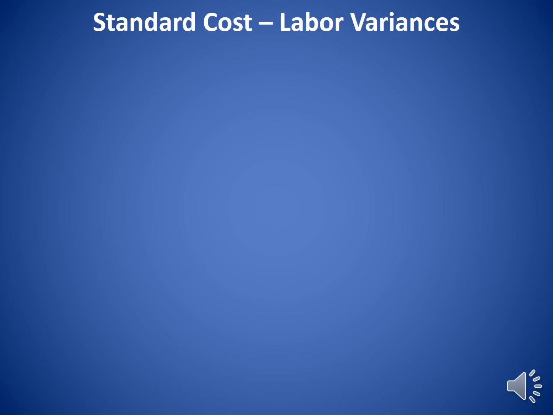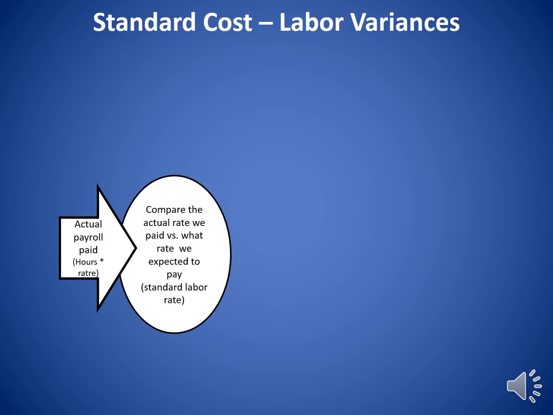Now let's look at labor variances. We start out with actual payroll, and actual payroll is the actual hours of the production workers times the rate that we pay them.